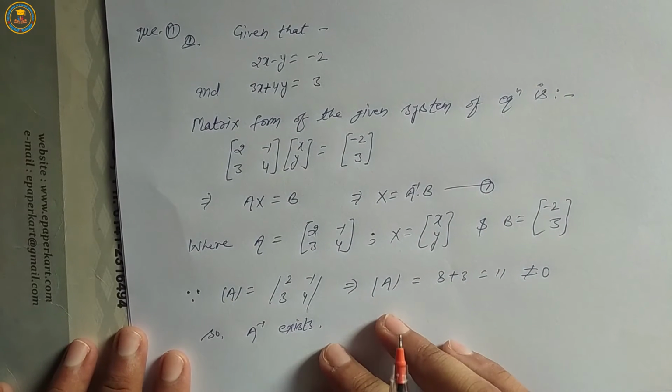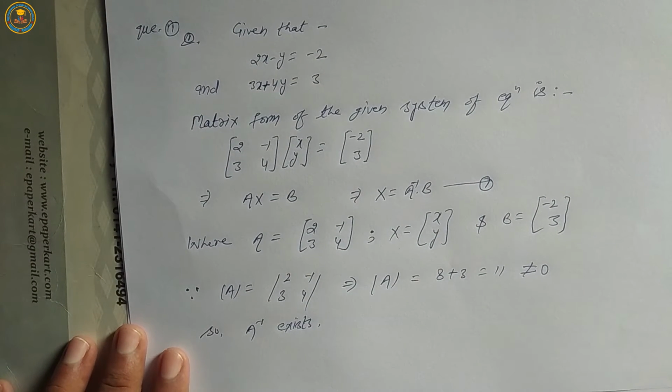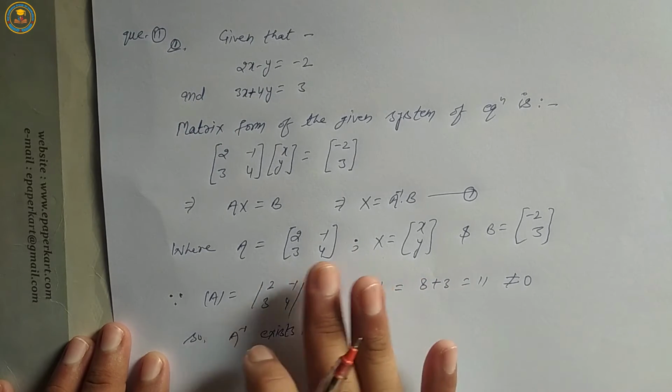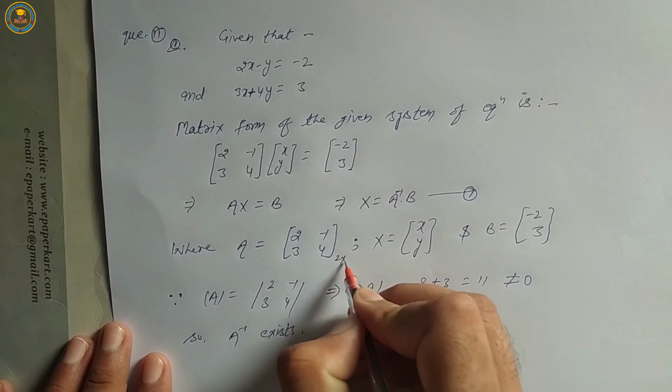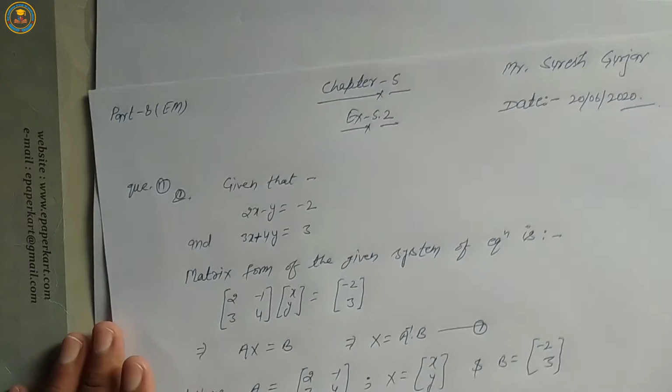A inverse is equal to adjoint A upon determinant A. Order of matrix A is equal to 2 by 2.